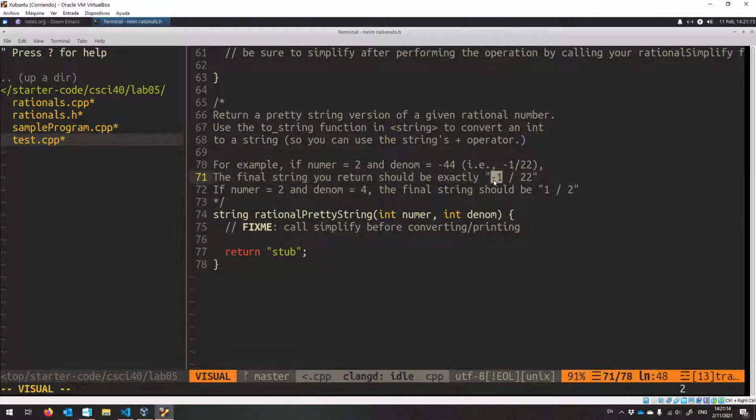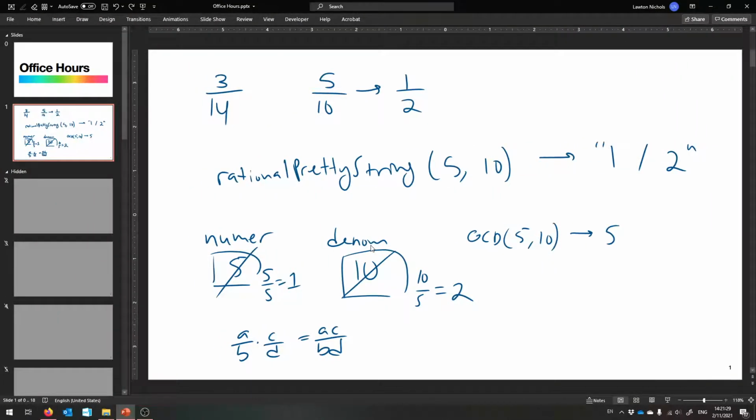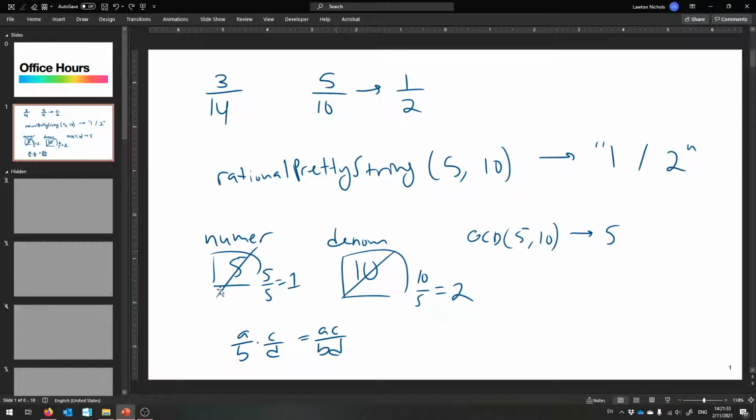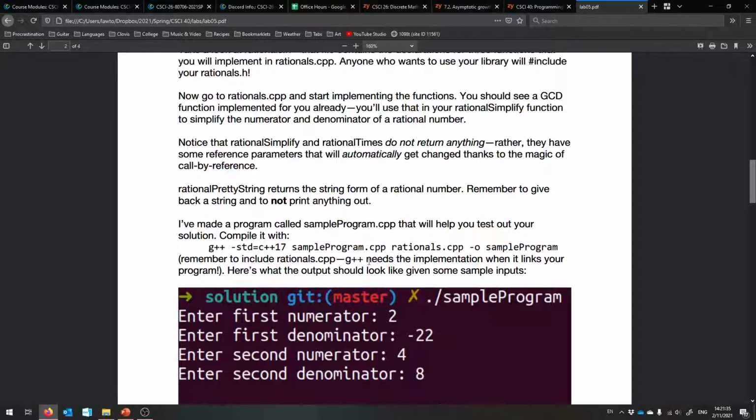So it's going to be the numerator space slash space denominator. Okay? And so you're going to have to convert your numerator and denominator to strings so that you can add them together. But that is the idea. You're going to take 5 over 10 and give back the string 1 over 2. Okay? So that is everything you need to do in the .cpp file.